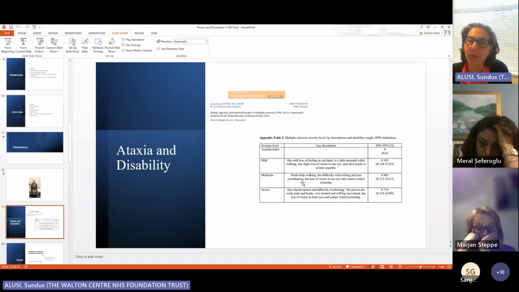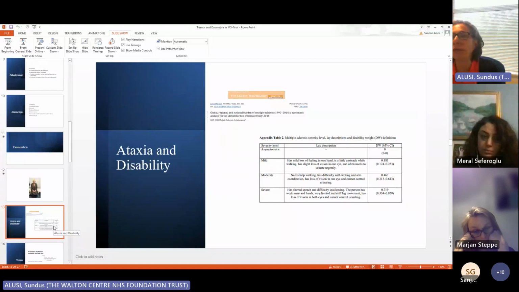What I'm trying to say is that if coordination and ataxia come in, you immediately jump in disability to moderate and severe. That shows in the Kurtzke scale as well, which I'm going to go to. So ataxia is very disabling. It's one of these MS problems that are significantly disabling and really needs to be recognized when it's there to try and help patients with management.